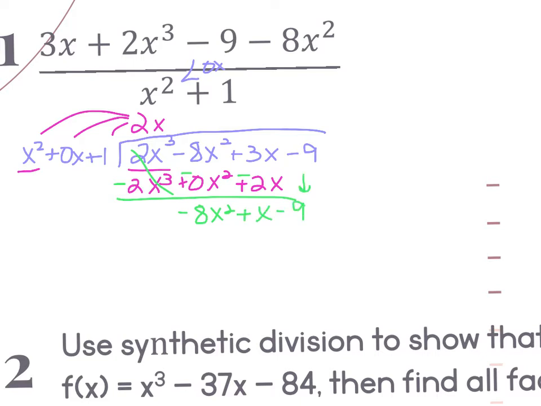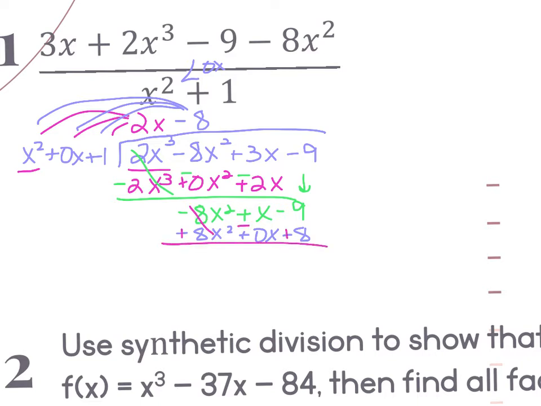Then you do first and first again. So what do I have to multiply x squared by to get to negative 8x squared? Negative 8. I'm going to multiply that times all 3, and I get negative 8x squared plus 0x minus 8. Change your signs again.